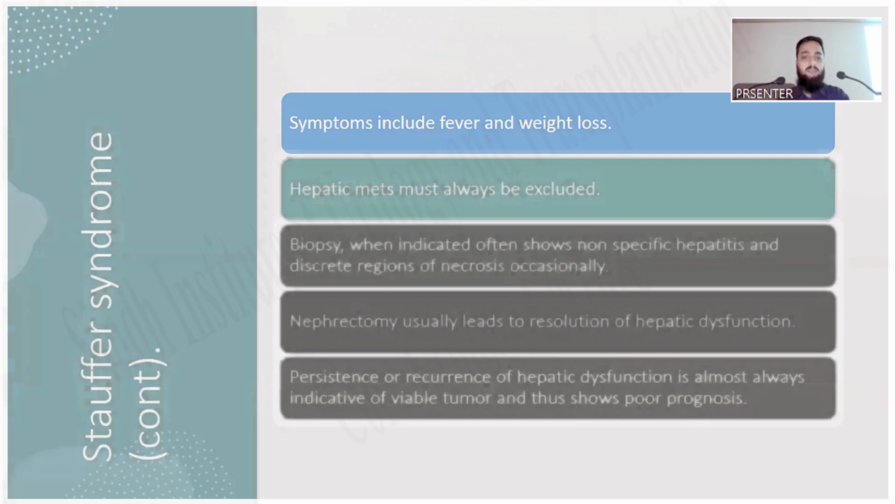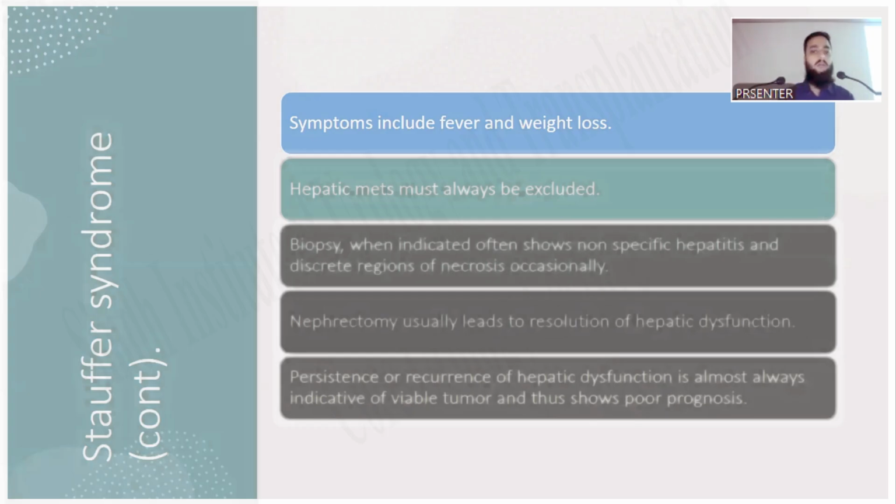Hepatic metastasis must always be excluded. Biopsy, when indicated, often shows non-specific hepatitis and occasionally discrete regions of necrosis. Nephrectomy usually leads to resolution of hepatic dysfunction. Persistence or recurrence of hepatic dysfunction is almost always indicative of viable tumor and thus shows poor prognosis.